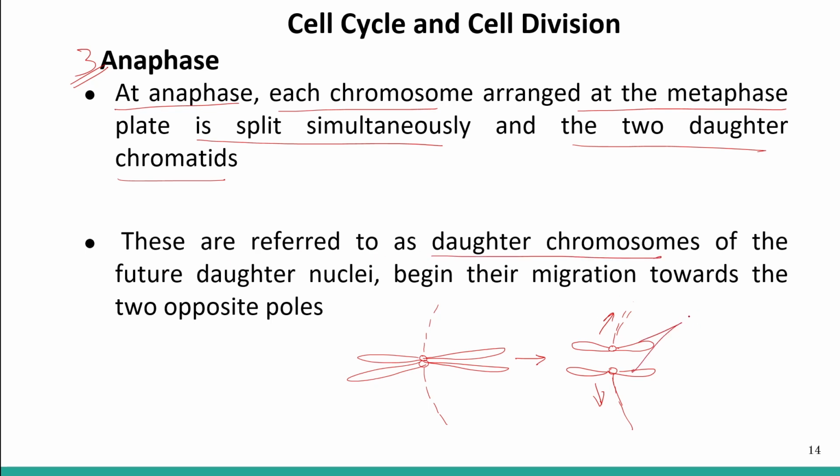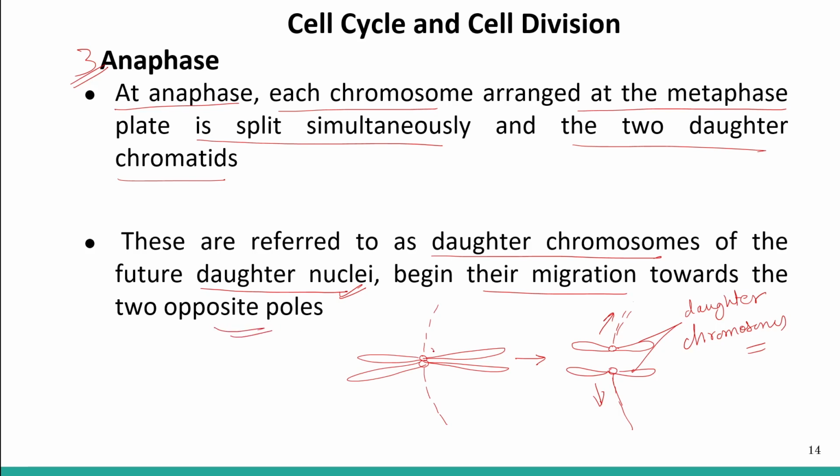So these are referred to as the daughter chromosomes of the future daughter nuclei. Okay, they begin their migration towards the two opposite poles.